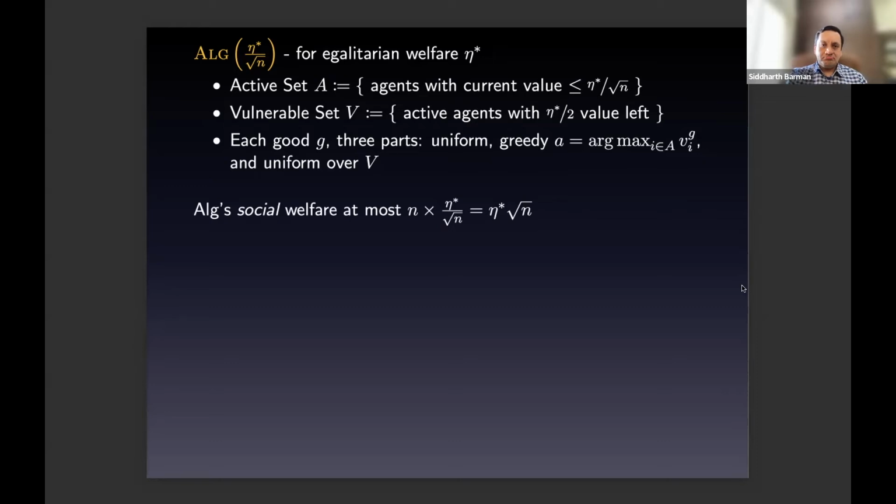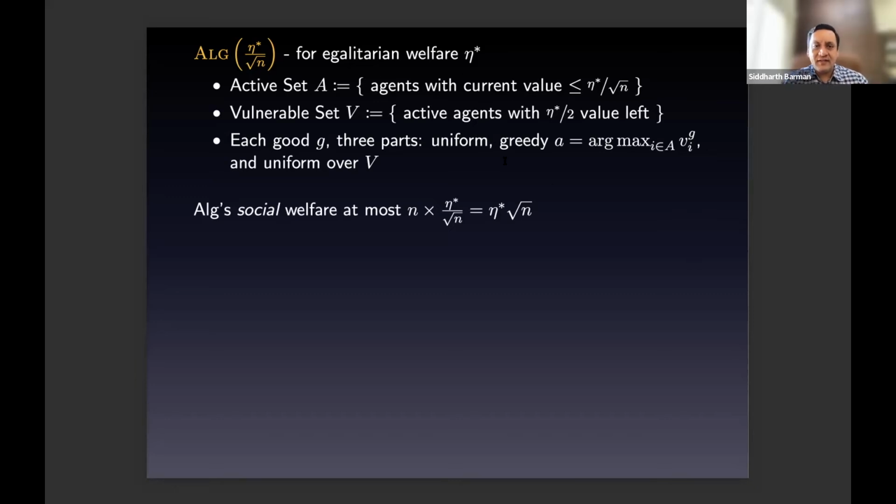Okay, as promised yesterday, I will give you proofs that fit in a slide. So conforming to that, here's the proof sketch of why this works for the case of egalitarian welfare. The first observation I'm going to make is that the social welfare acquired by the algorithm is actually upper bounded by this expression. Why is that? Let's ignore the uniform part, that's more a fail-safe. Look at the social welfare assigned to agents as they are part of the active set.